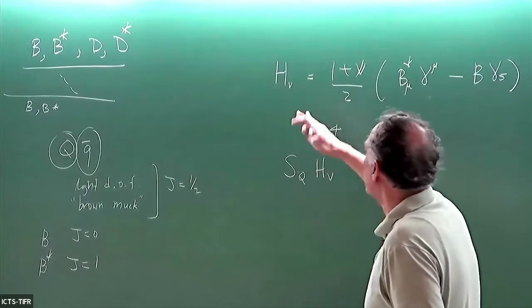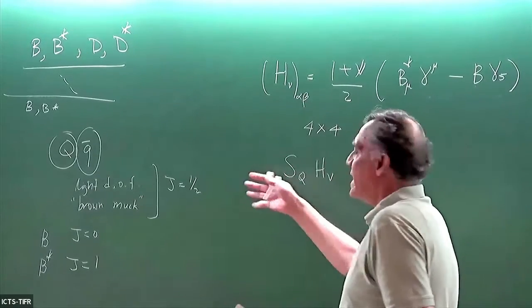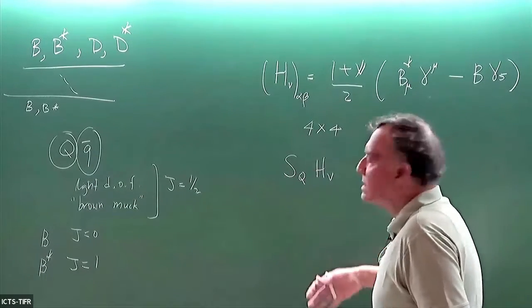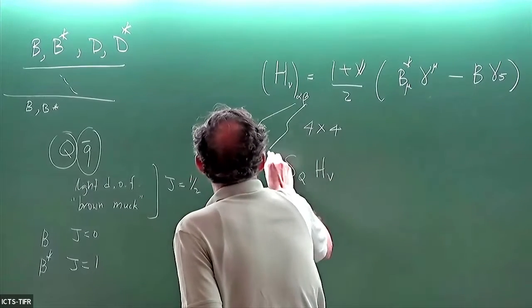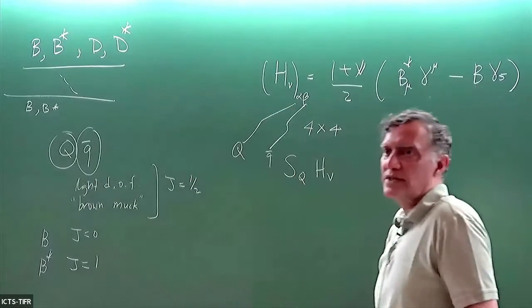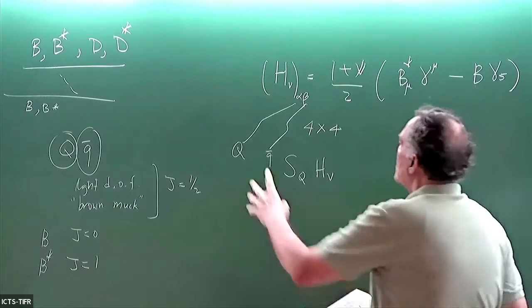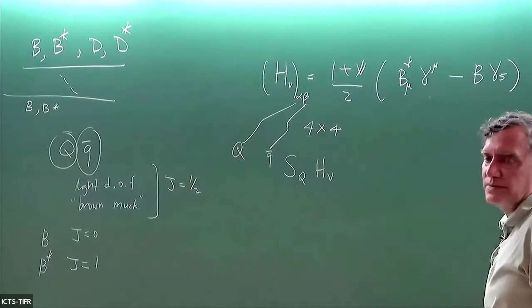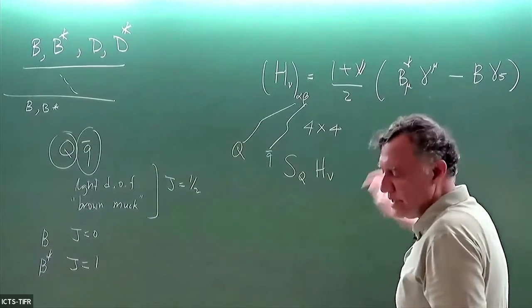You should think of this like a matrix with two indices. The left-hand side is like the heavy quark index, the Q index, and that's the Q bar index. So interactions with the light quark are acting on the right of this. Interactions with the heavy quark are acting on the left. And actions of the spin operator mix up the B and the B star.